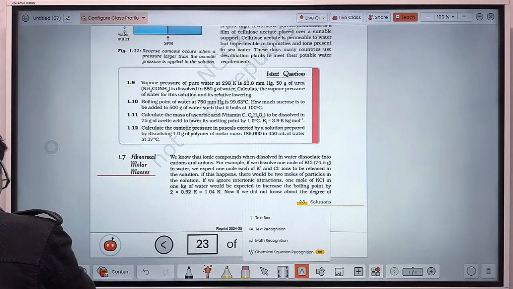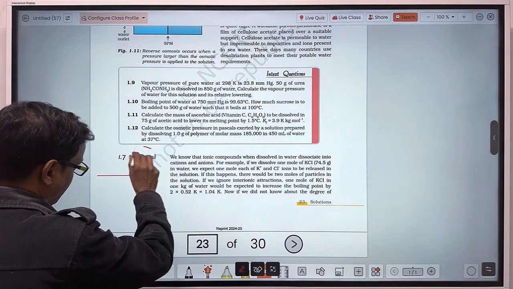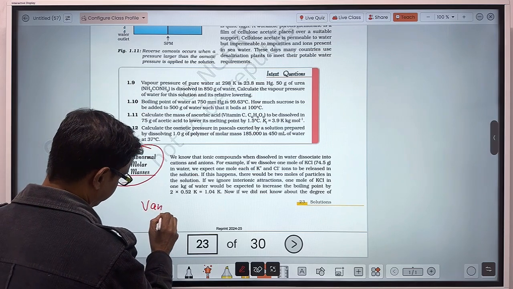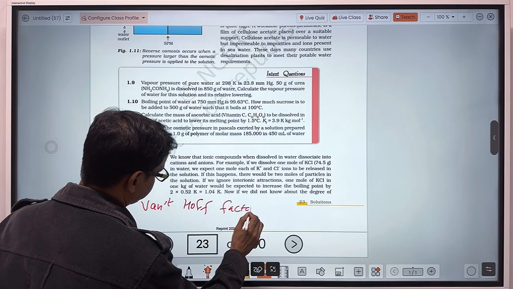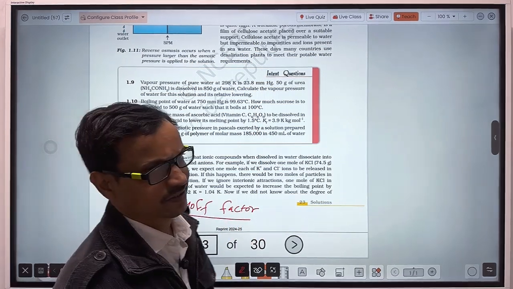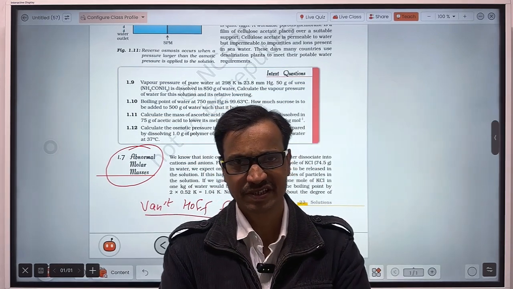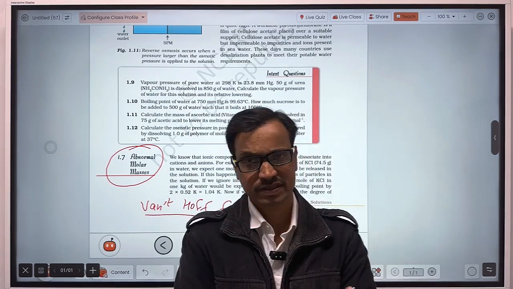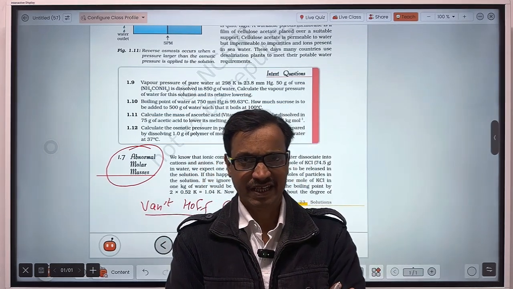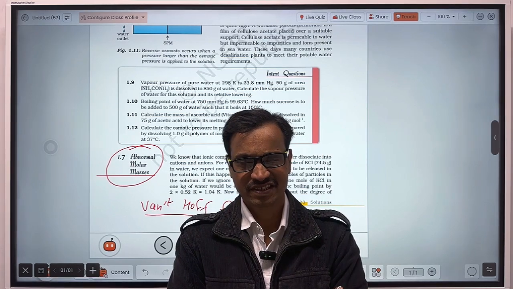Now, then after this, about the abnormal molar mass, or the Van 't Hoff factor, we will discuss in the next class. That means for the elevation in boiling point, depression in freezing point, relative lowering of vapor pressure and osmosis, we have calculated by considering that no dissociation or association of the particles takes place inside the solution.